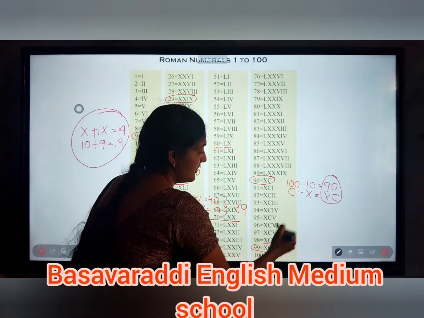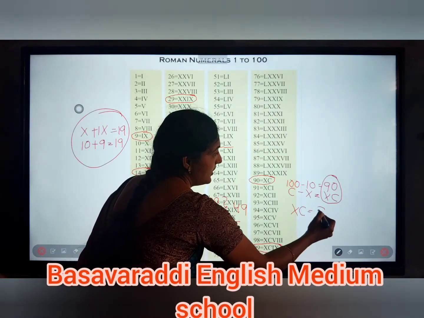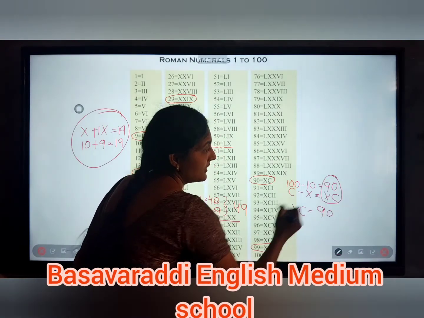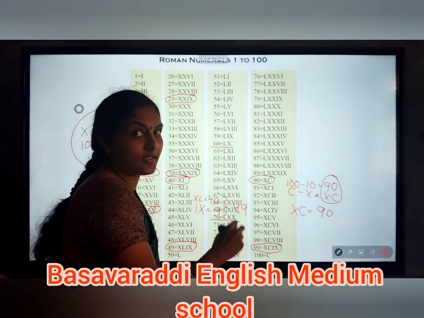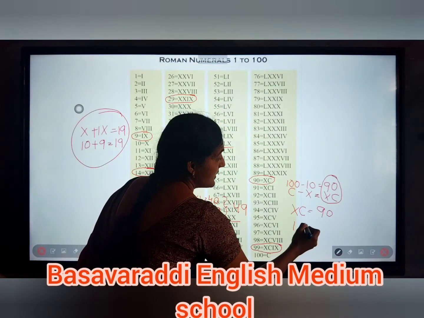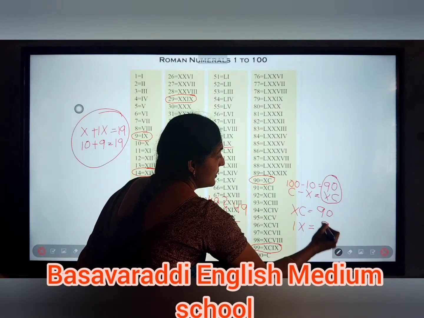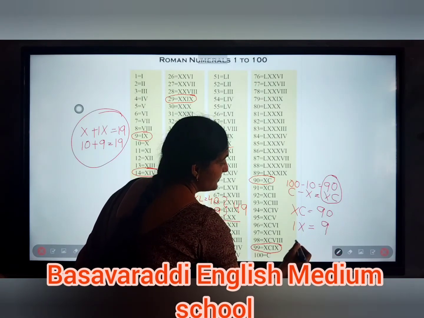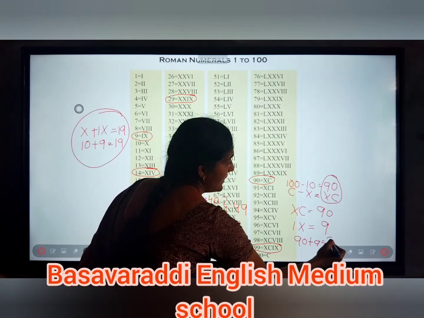So 99. So XC, the value of the XC, that is 90. We already learned the value of the 90. Then IX, the value of the IX, that is 9. So add the numbers here. So 90 plus 9 is equal to 99.